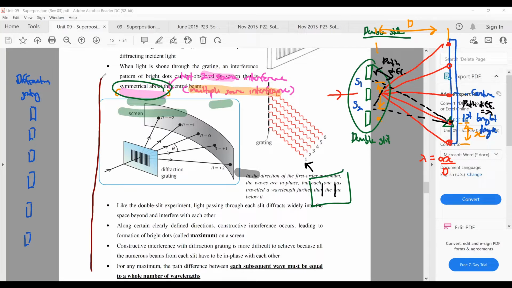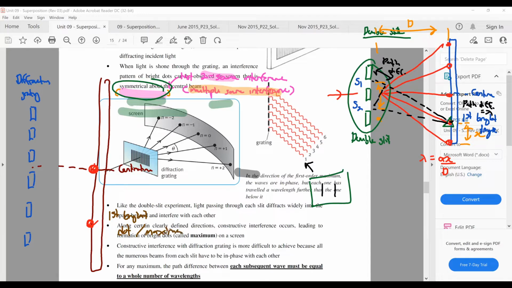Say this is my center line. I know that I have a bright spot here, constructive interference, but some distance away, I also have another bright spot. Say this is my first bright dot, or maxima.